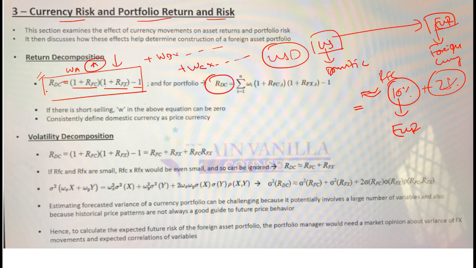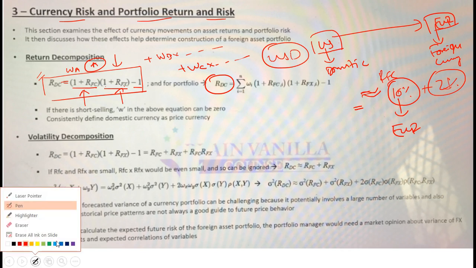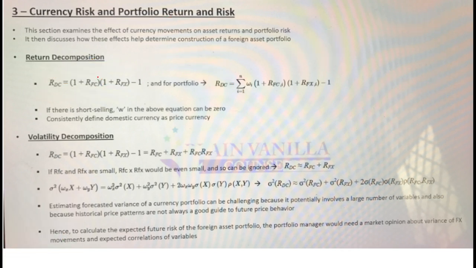So return in domestic currency would consider two factors: return in foreign currency and change in foreign exchange rate. Any confusion so far? This is how you can decompose the foreign return into the return coming from the foreign currency investment and the return coming from changes in the foreign exchange rate.